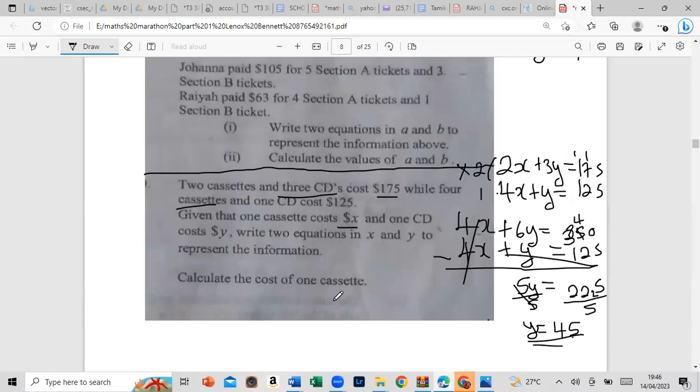I would use equation 2 this time since we have 4x plus y equals 125. I think it's easier because you don't have to multiply. I can use any one of them, but let me try to use the easier one. We know y is 45, so we just drop 45 there.